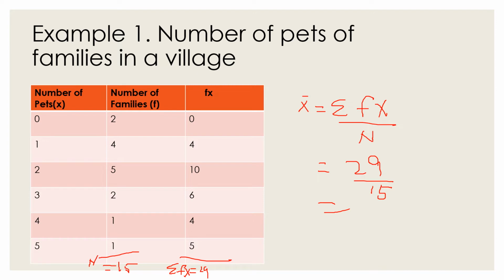Okay, so we have here the frequencies. The sum of fx is 29, so 29 divided by 15.